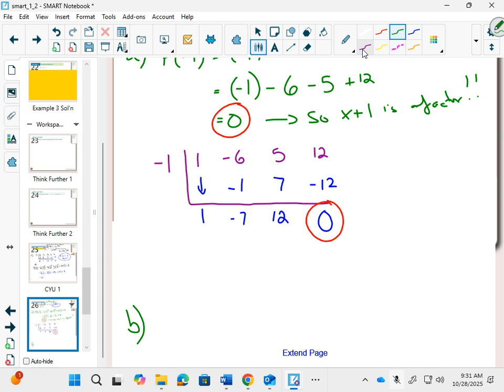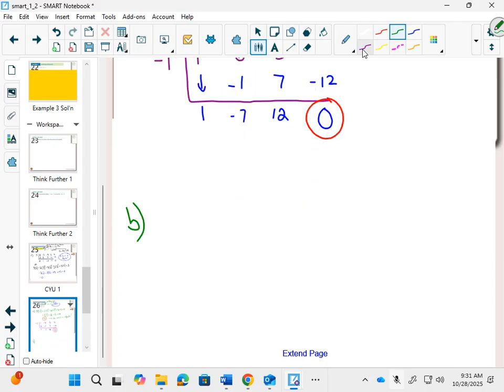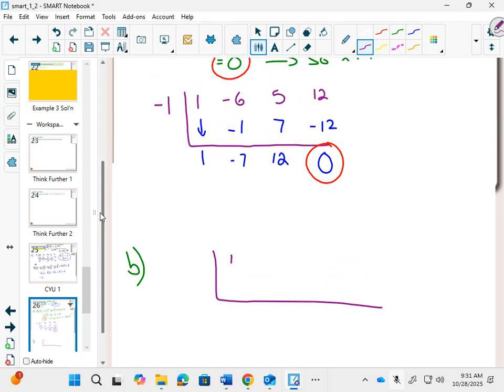So I said I like the remainder theorem when the number's a 1. Any other number, I find synthetic division is usually better. Not always, but usually. So for the next one, which is x minus 3, I'm going to set up the synthetic division, exactly as for the last one. But this time I'm checking if x minus 3 is a factor, so I would put a +3 outside.